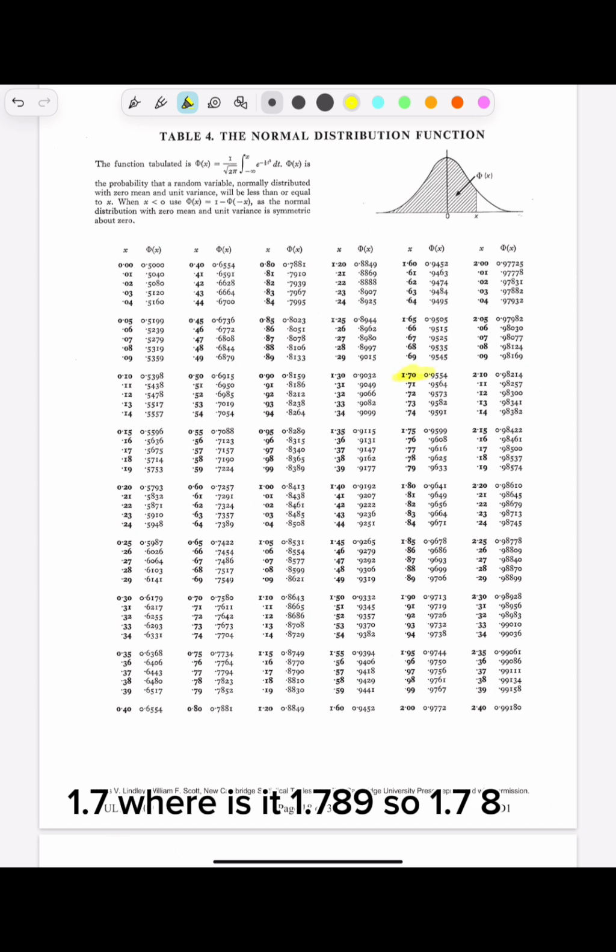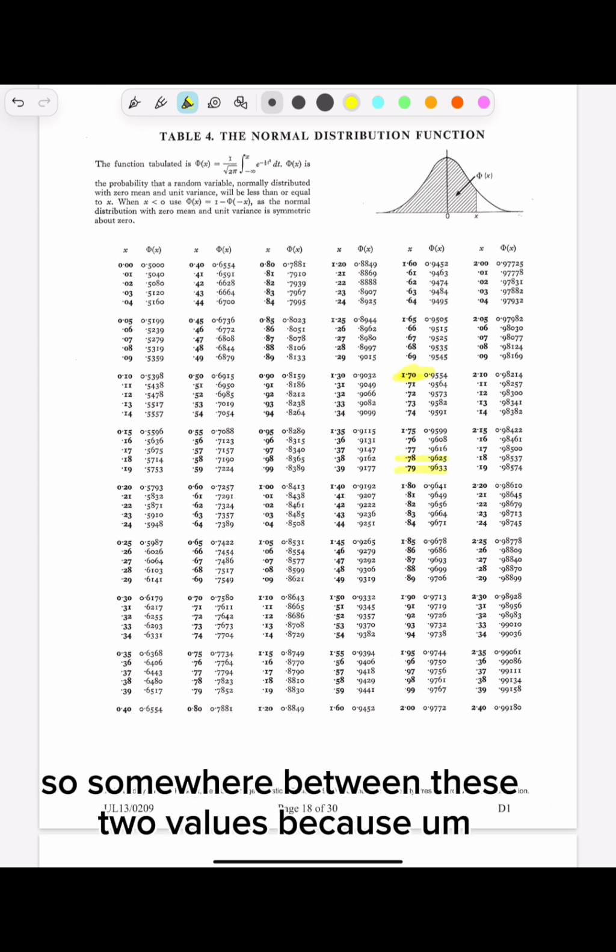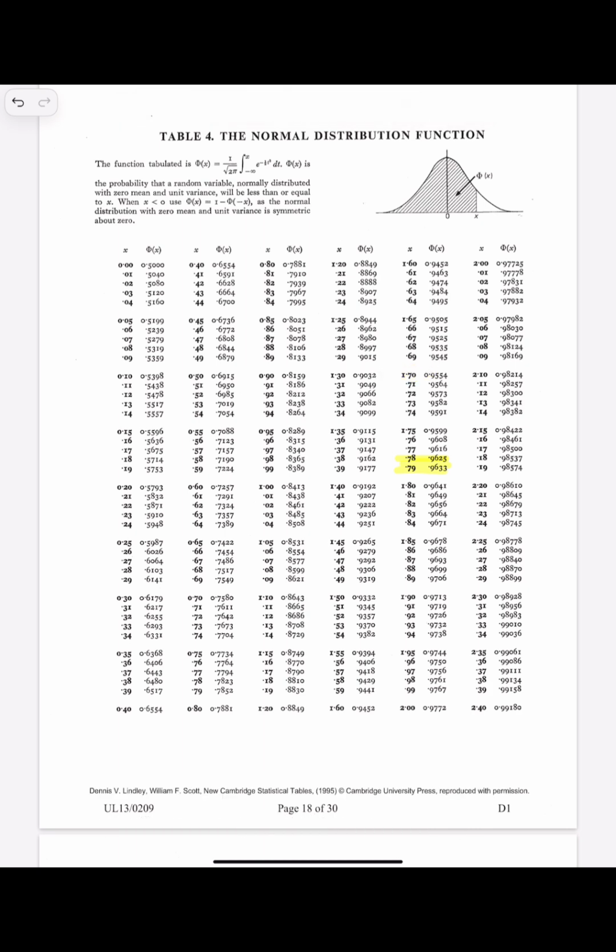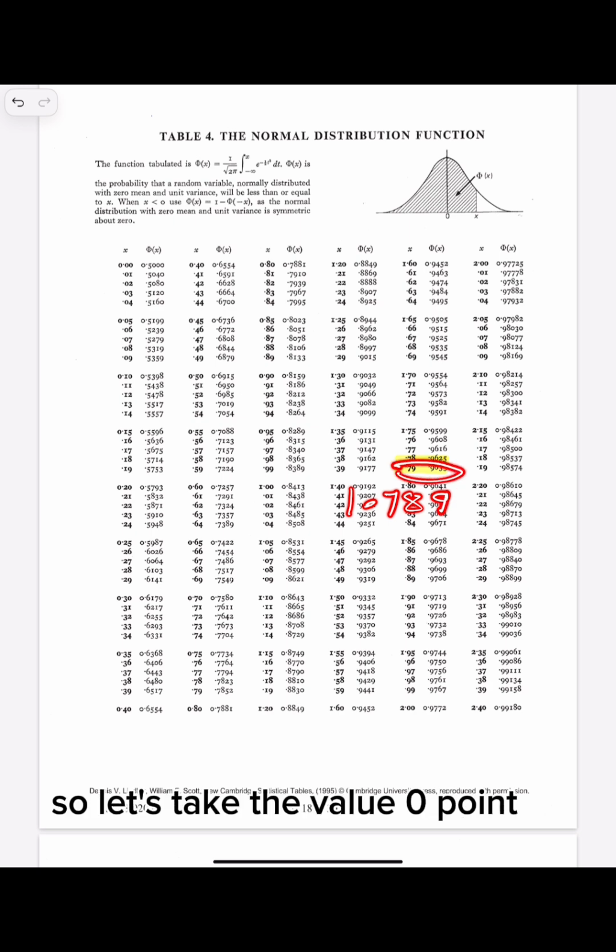1.789, so 1.78. So somewhere between these two values, because actually 1.789 is like 1.79. So let's take the value 0.9633.